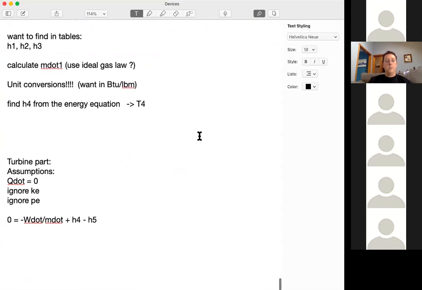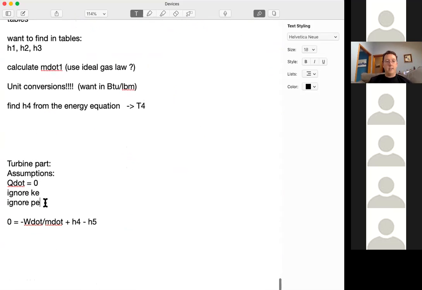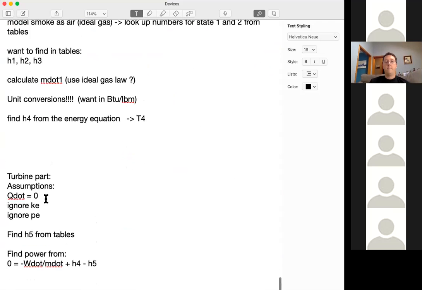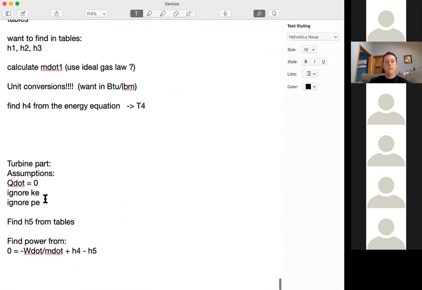So let's go back and edit this. Find H5 from the table, and then find power from that. So the turbine part's going to be easier than the heat exchanger.